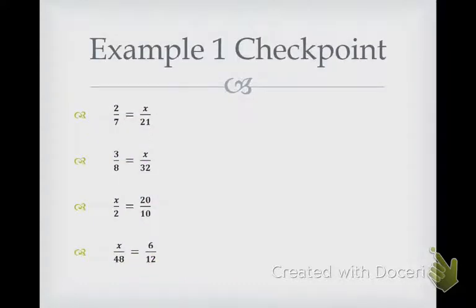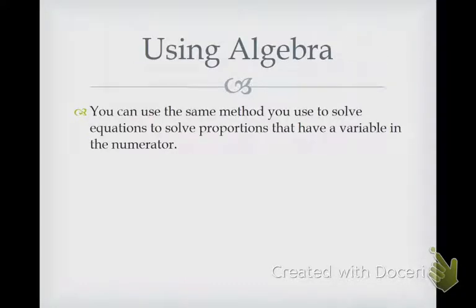The second method we're going to learn is algebra. In order to solve using algebra, the variable has to be in the numerator, and you can use the same method that you use to solve equations, meaning that you multiply by whatever number is connected to the variable.